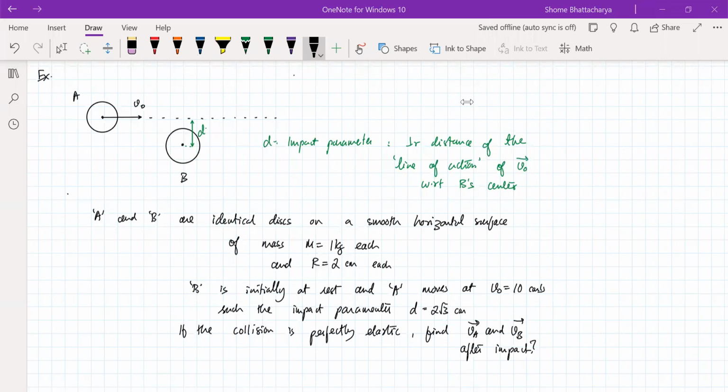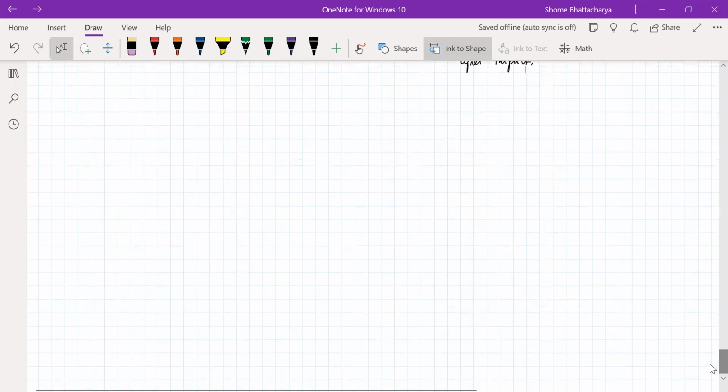Yes, very good, Parv. Your answers are correct. And what about the angle of VA and VB with respect to V naught? Can you tell me? Sir, VA would be 30 degrees. Yes, correct. Very good. VB would be 60 degrees. Very good. That's correct.